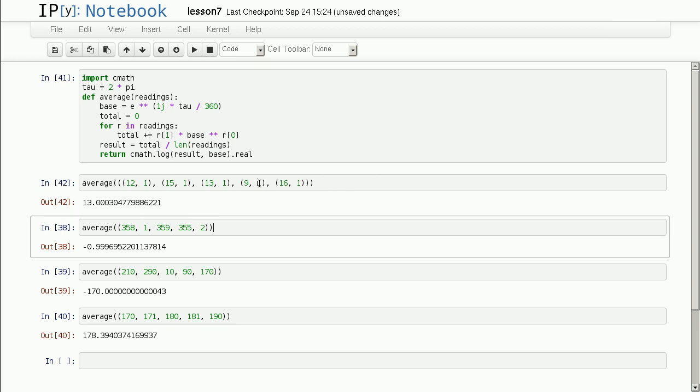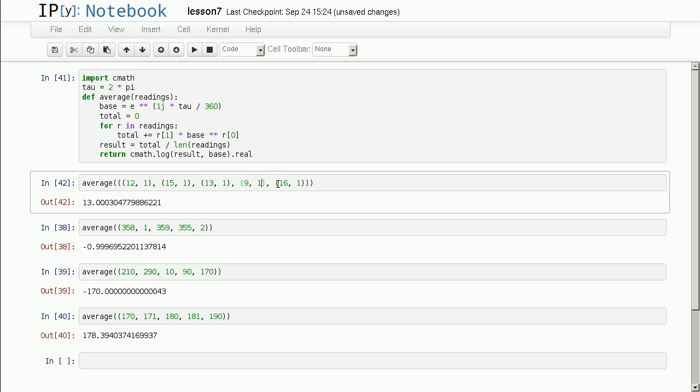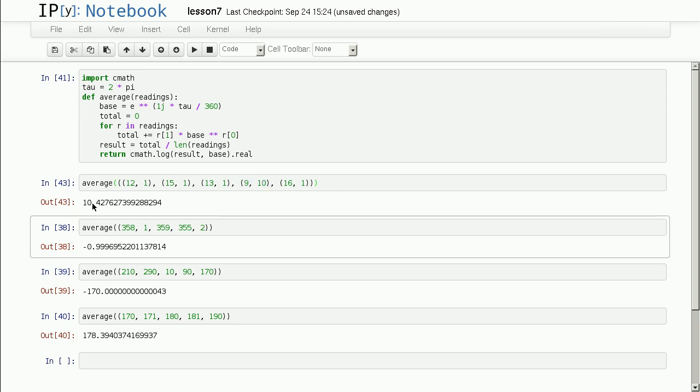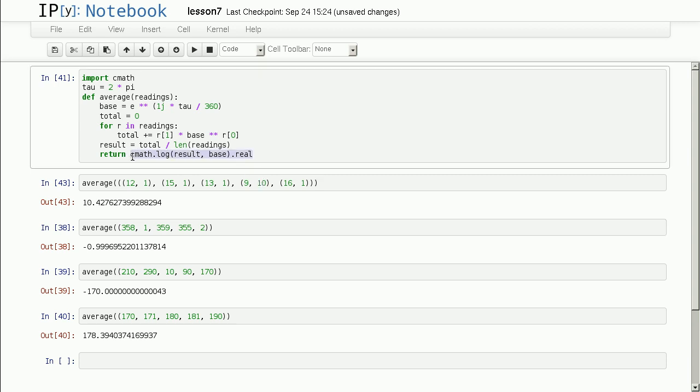And if we weight it, let's say we had a big gust of wind when it was 9 degrees, let's see what happens. Look at that. My average reduced closer to 9. This seems to work.